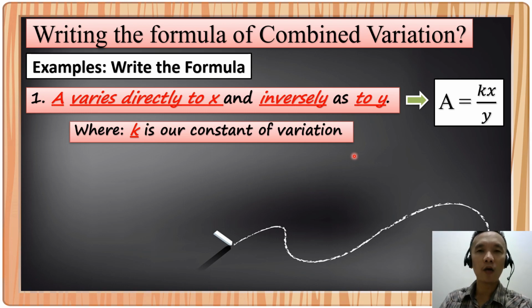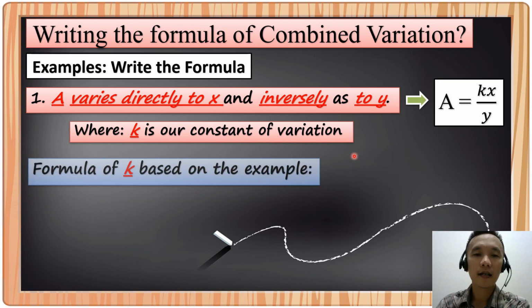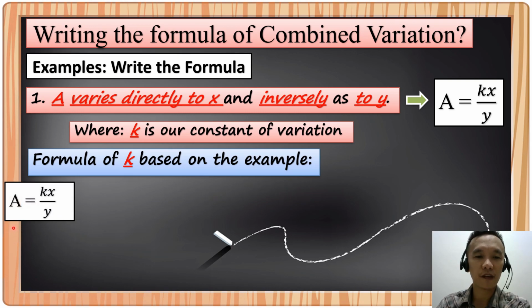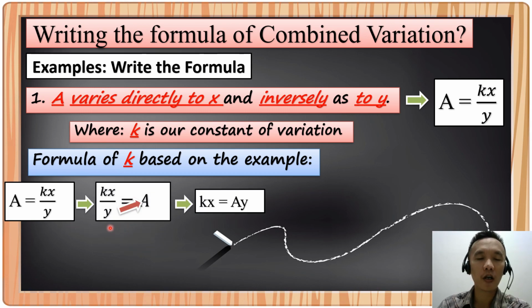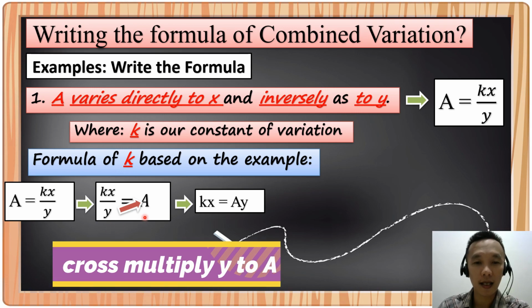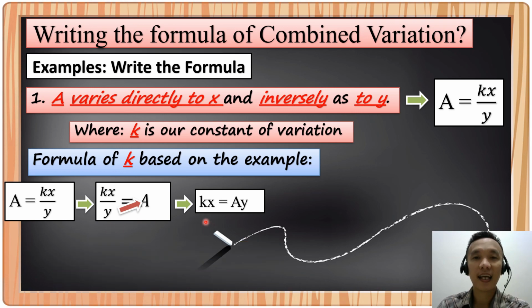Now if we are going to find our constant of variation formula, we are just going to write first our original equation. Then if you are going to multiply y to a, it will look like this: kx equal to a times y.